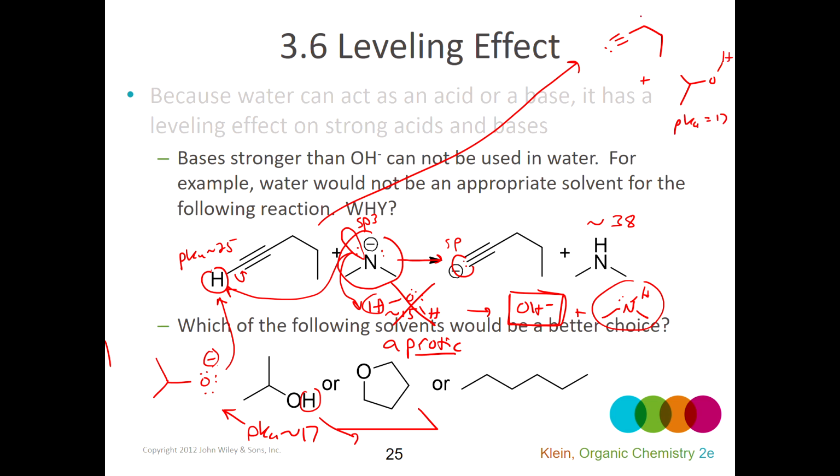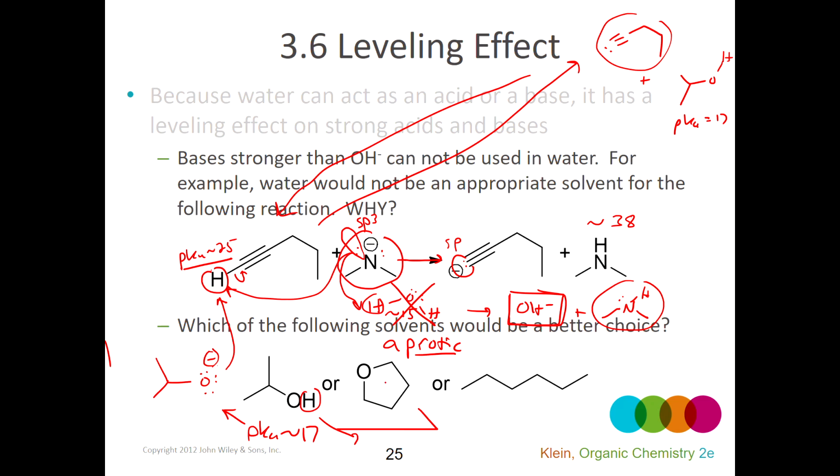Well, if this structure picks up a proton and it gives a pKa of 25, that's a larger value. So that equilibrium would actually just go back. The equilibrium always favors the side with a higher pKa. So I can't use a solvent with a lower pKa than the pKa of the substance I want reacting.